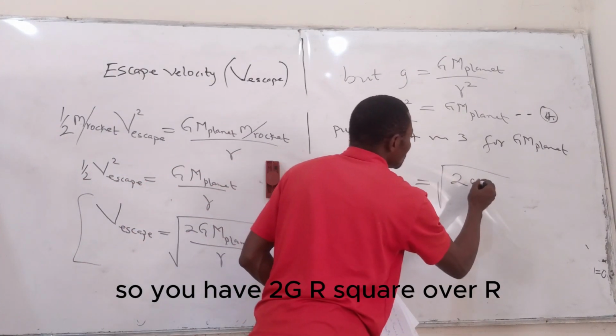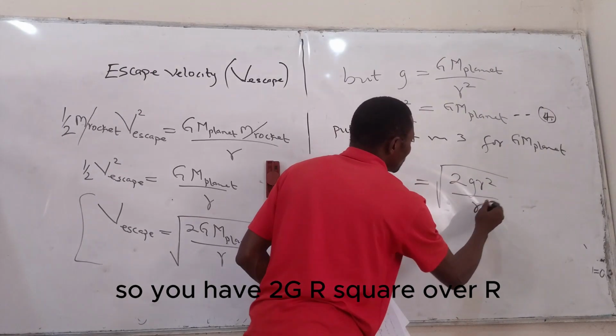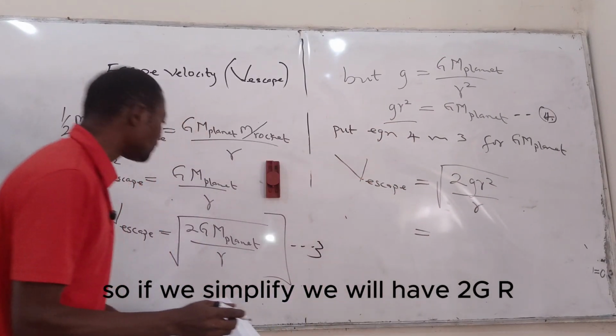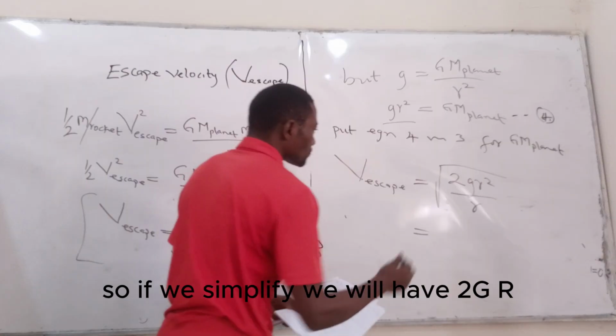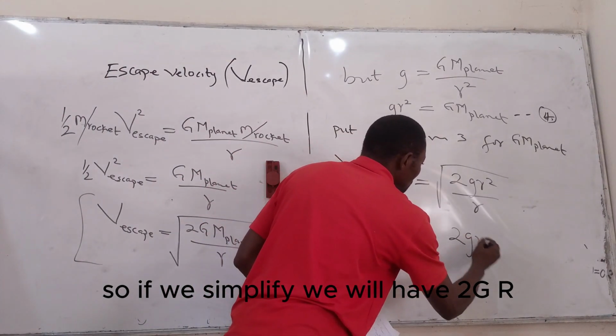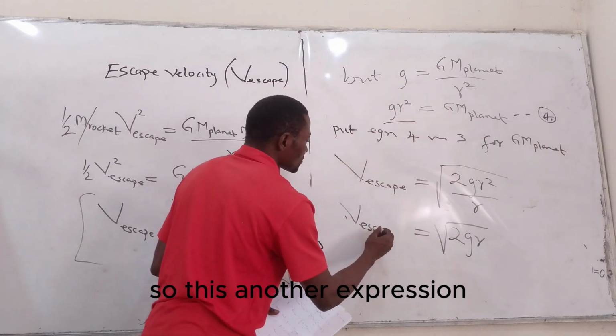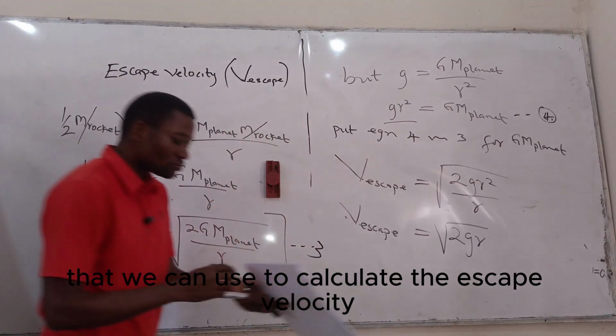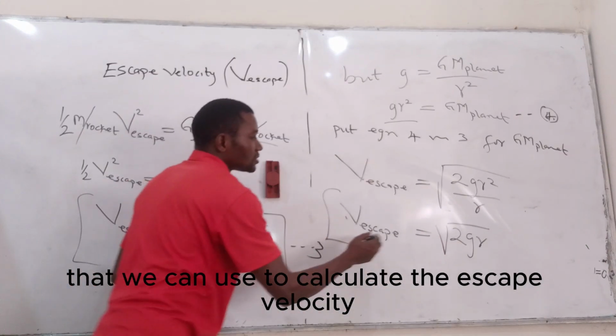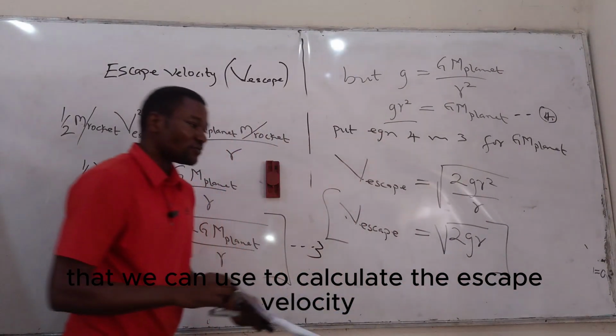So you have 2gR squared over R. If we simplify, we will have 2gR. So this is another expression that we can use to calculate the escape velocity.